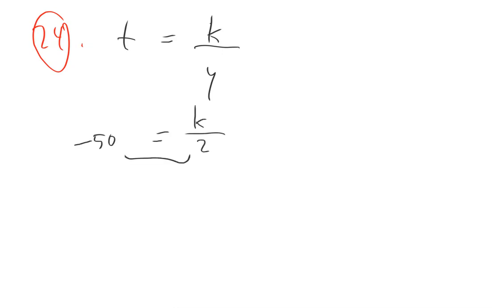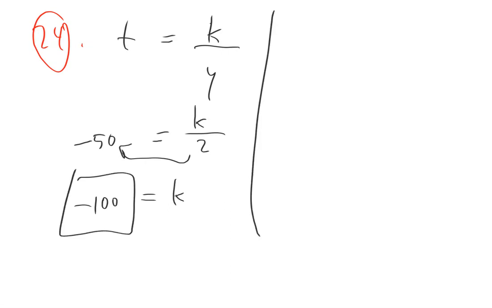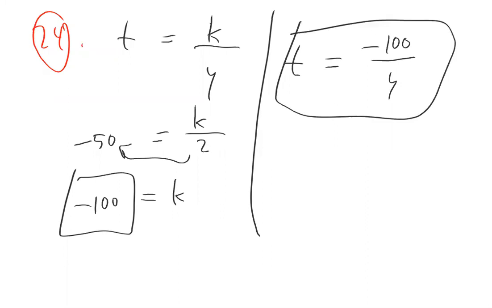So now cross multiply by the 2. 2 times negative 50 is negative 100. So that's the constant of variation. And then the formula that represents the statement is t equals the constant, negative 100, over y. T is equal to negative 100 over y because k is equal to negative 100.